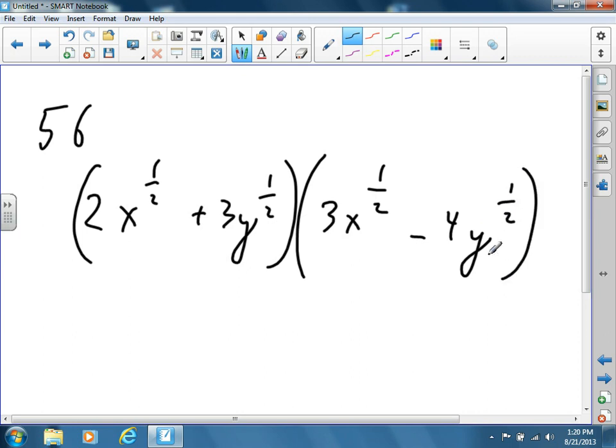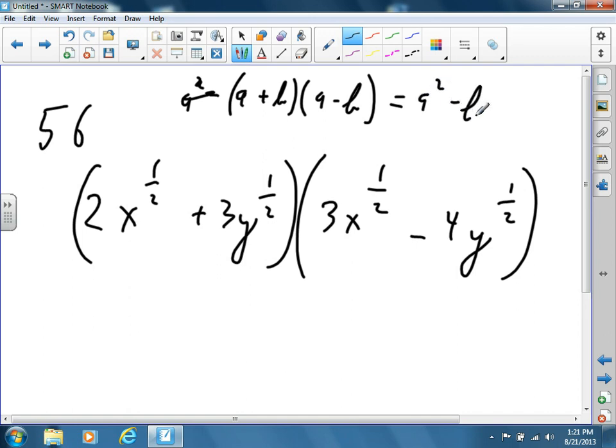Okay, now, we know from the front cover of the book that if I have a plus b times a minus b, that's the same as a squared minus b squared, right? We know that's in the front of the book. Yeah, number 2 under algebraic products.